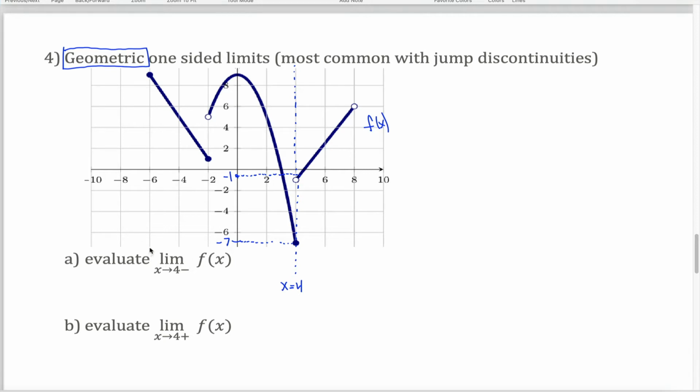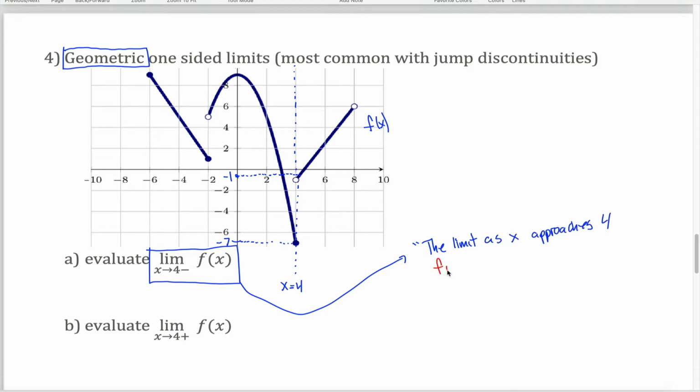So this notation right here, the way you read this is the limit as x approaches 4 from the left side of this function f of x. The "from the left side" is the part that's new in this video, and that's captured by this little minus sign here, typically written up in the superscript of the 4.